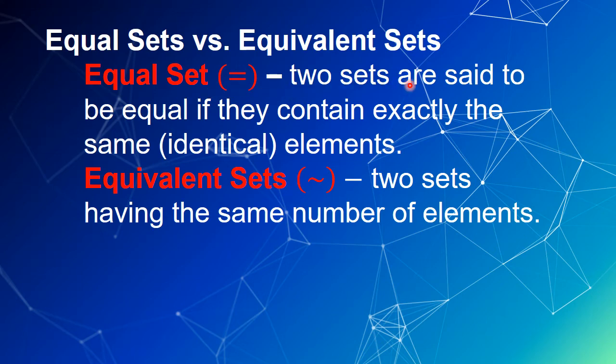These are two sets that contain exactly the same or identical elements. So again, the members of the set here are exactly the same. They are identical, which means that a member of one set is also a member of the other set, or all members of the given set are also members of the other given set.